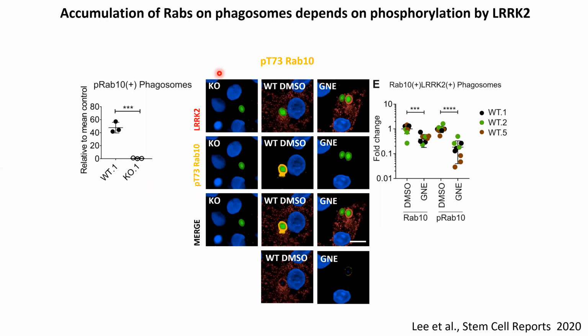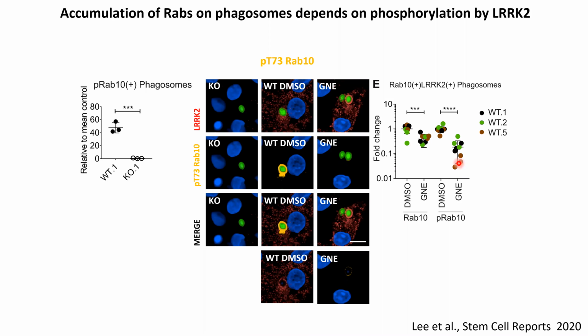And further, there's a fantastic antibody against phospho T73 RAB10, which confirms that the RAB10 is phosphorylated at the phagosome. And there's a beautiful balaclava there of phospho RAB10 on the phagosome, and there's the quantification of that.